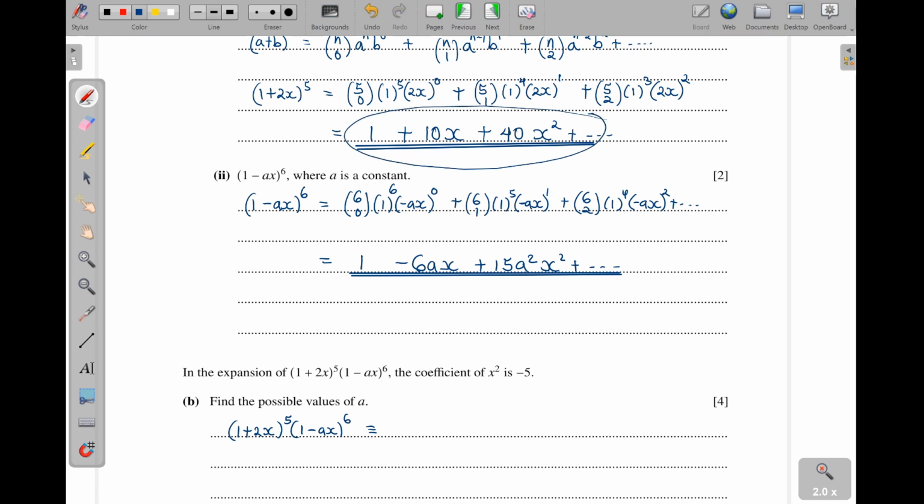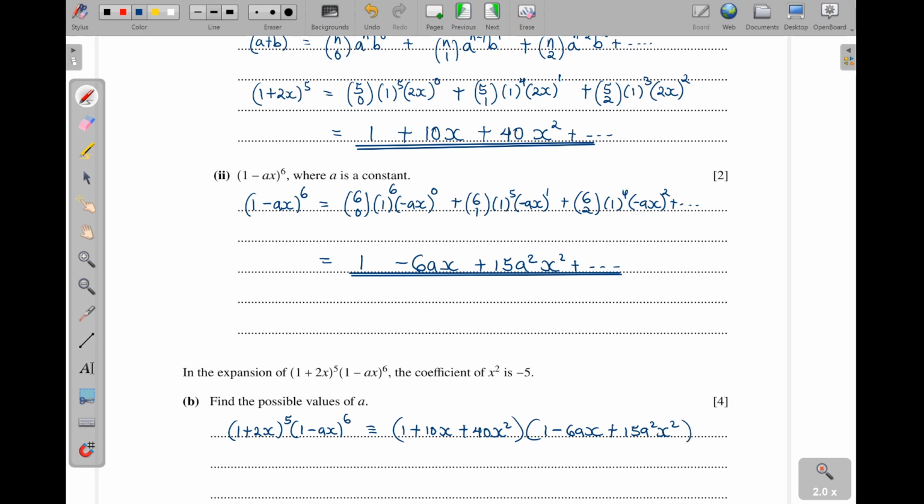We have already expanded it. So we shall have 1 plus 10 of x, then plus 40 x squared, okay? Then we multiply, this one here is this one. So I will also slide this one down, then 1 minus 6a of x, then plus 15 a squared, x squared, okay? Like that.